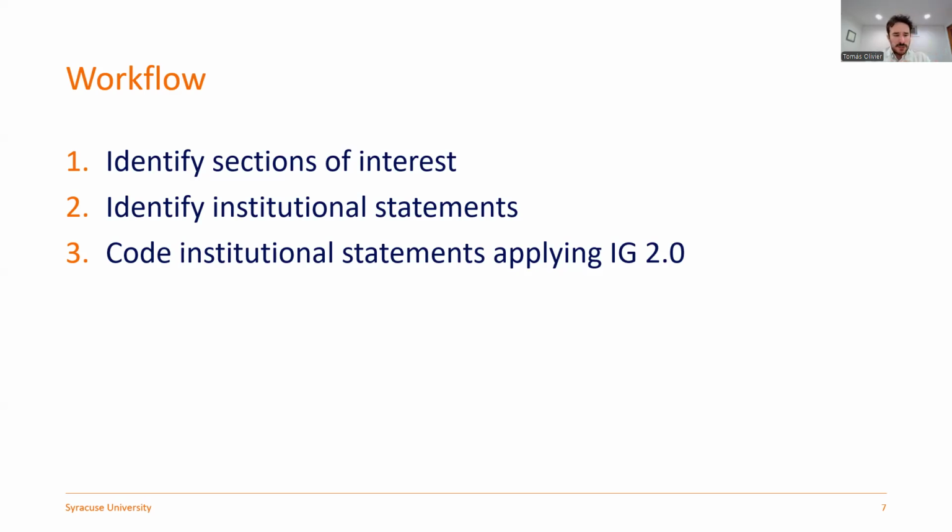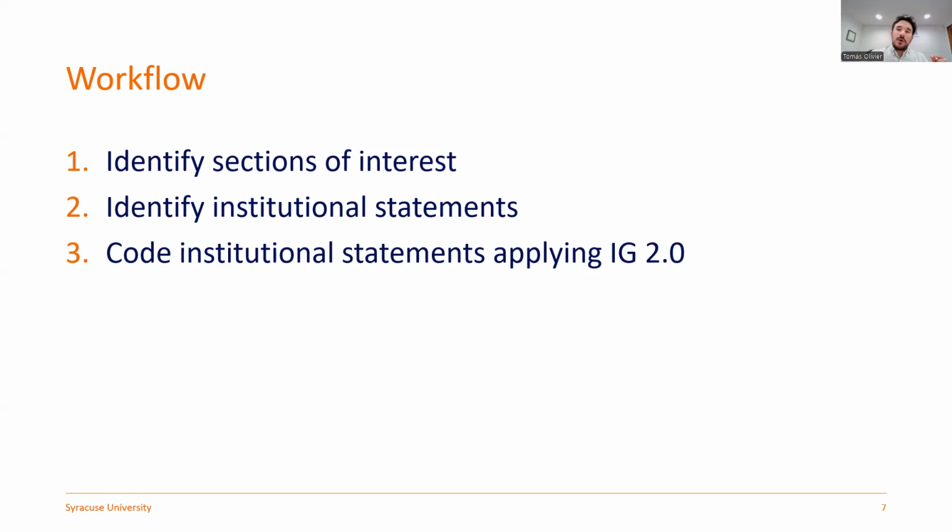Our goal for now is to focus only on executive and legislative relations. So we're only looking at attributes and authorities granted to these sets of actors, for which we identify sections of the constitutional text that correspond to these actors. We then extract institutional statements from them and code them applying IG 2.0.